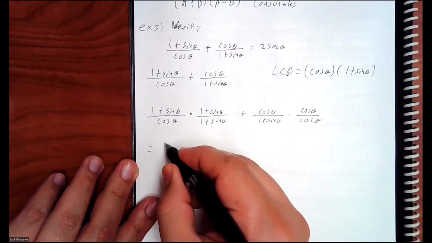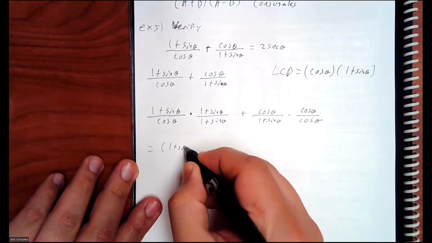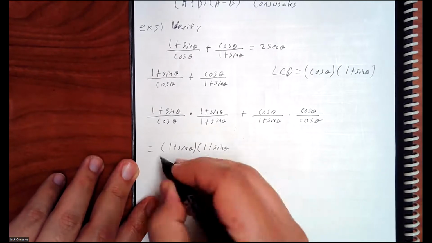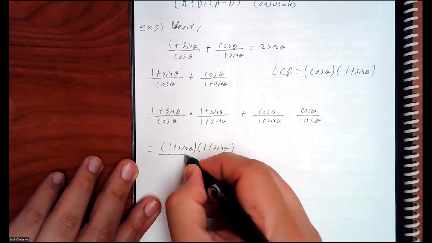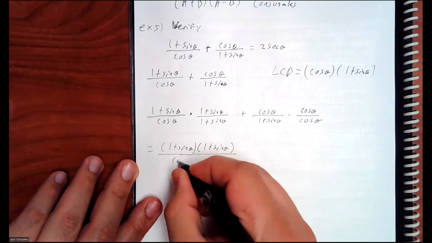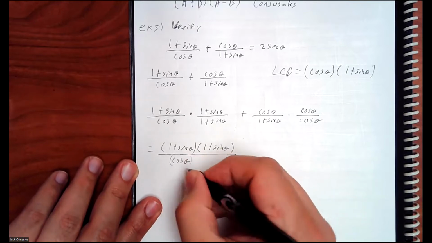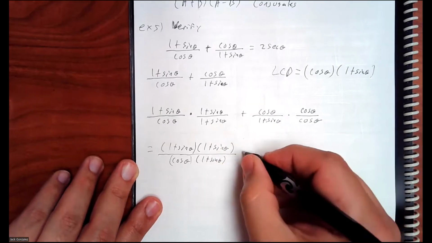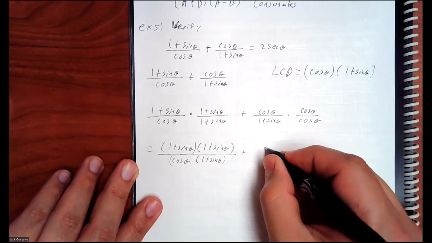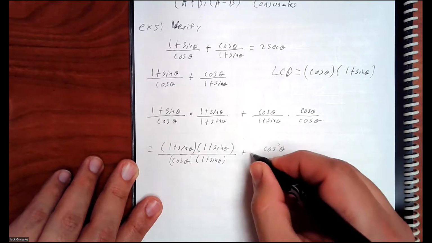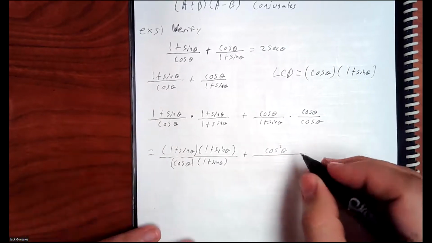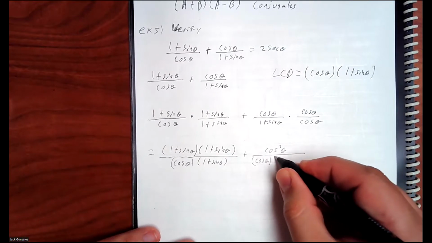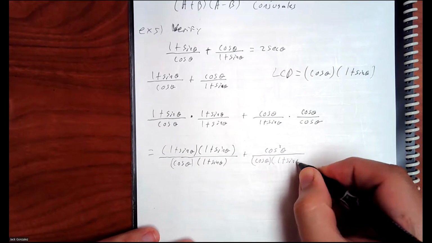So we're going to have 1 plus sine times 1 plus sine up here over cosine 1 plus sine, plus cosine squared over cosine times 1 plus sine.